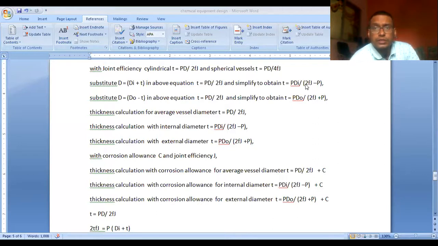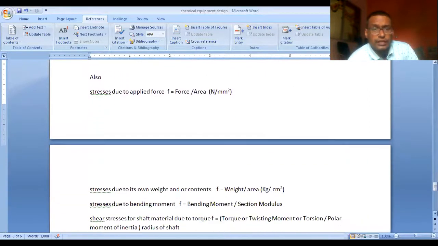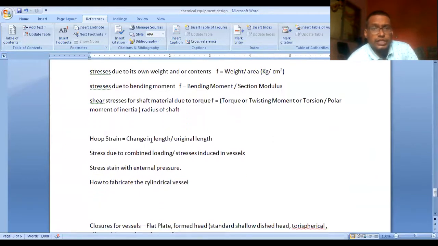So all these 2Fj will be replaced with 4Fj for spherical vessels. This is all about the stresses. Now the strain will also be exerted. The strain is the change in length to the original length. So whatever minor changes, that is the difference in length to the original length, will be calculated as the Hoop stress.